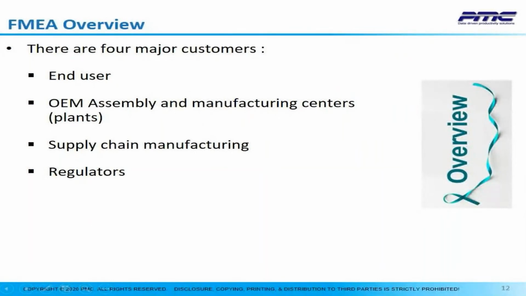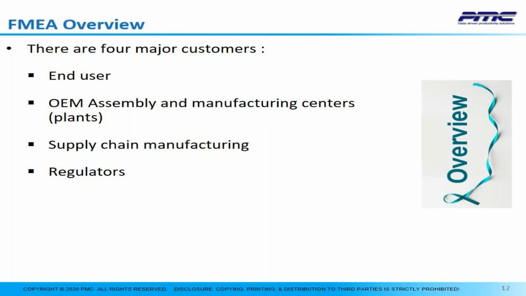In FMEA in automotive, or FMEA in this type of world, there are four major customers to be considered in the FMEA process, and all need to be taken into account in the analysis. End user, this is the person or organization that will utilize the product. OEM assembly and manufacturing centers or the plants.